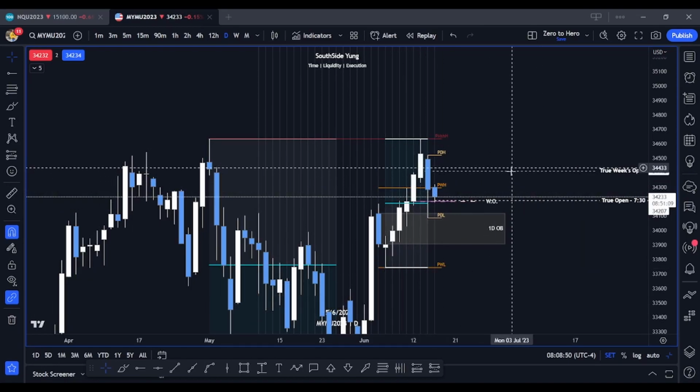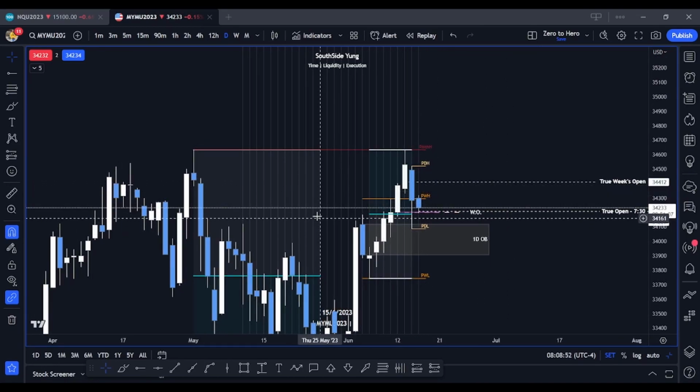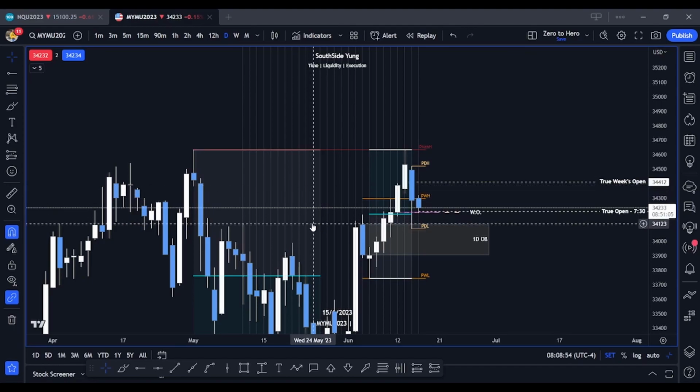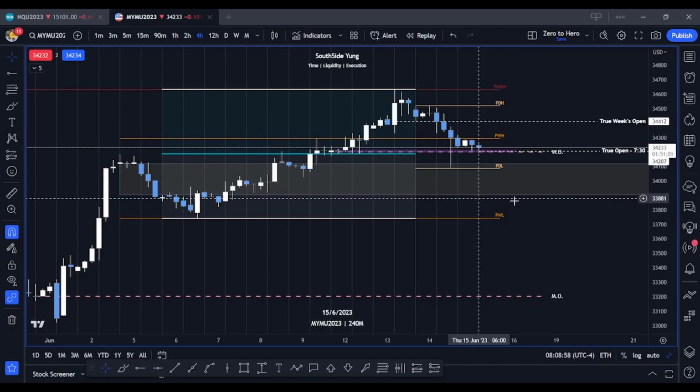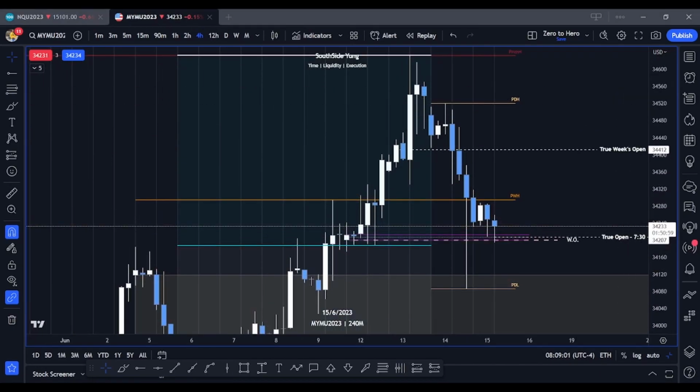Yeah, your place in the market maker model, trending environment, placing away from PD arrays.